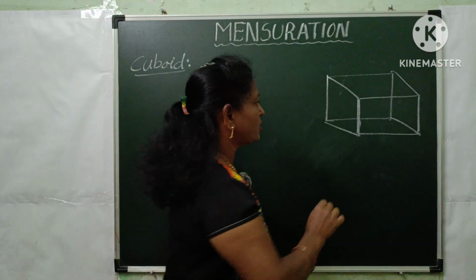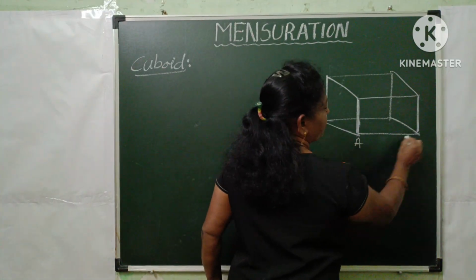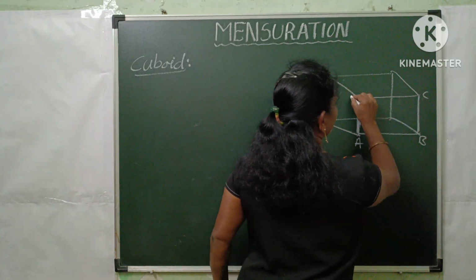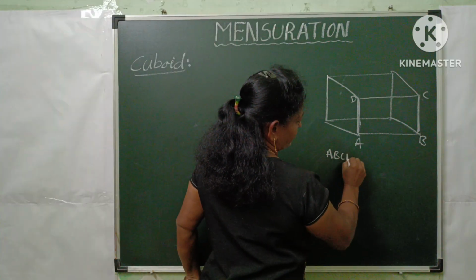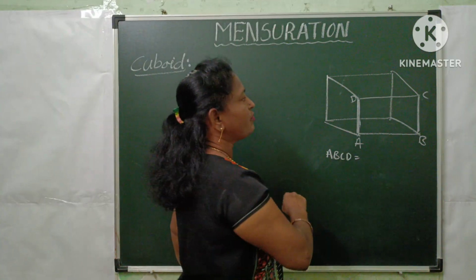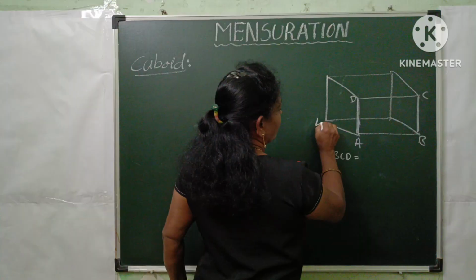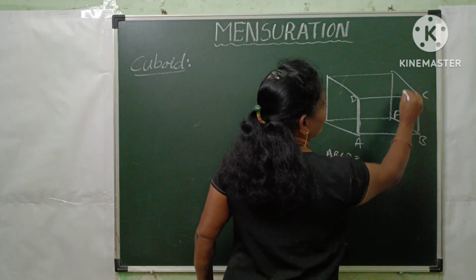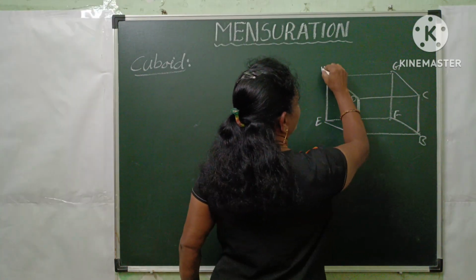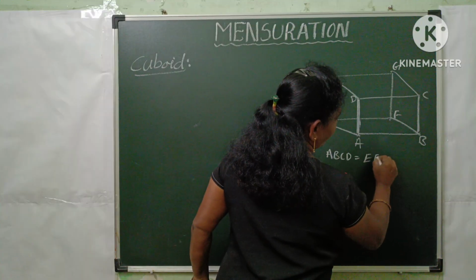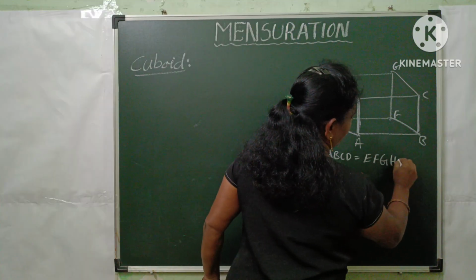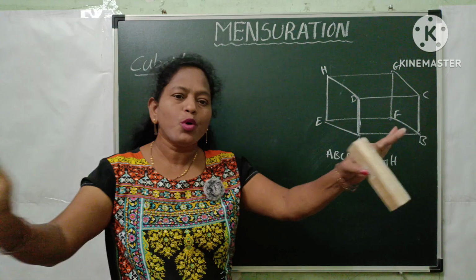Yes or no? So, suppose this is one wall, A, B, C, D. Its opposite wall is E, F, G, H. These two are opposite walls.